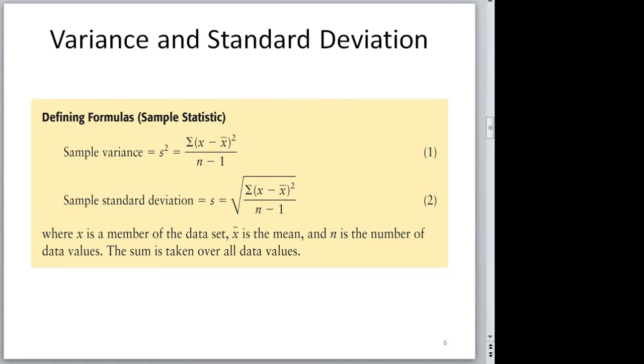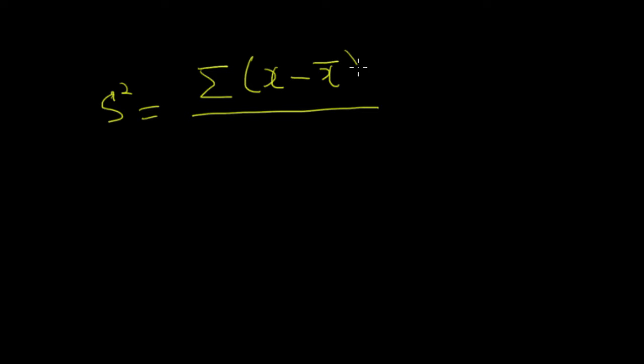All right, before we go on, let's talk a little bit more about this formula itself. For the sample variance, S squared, the formula was sigma of x minus x bar squared over n minus 1, right?